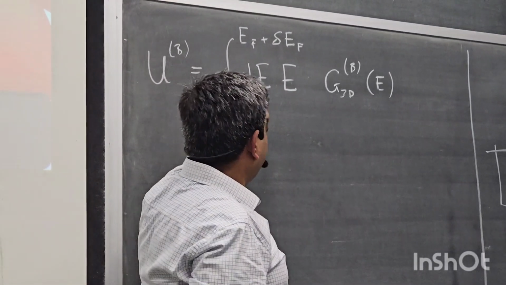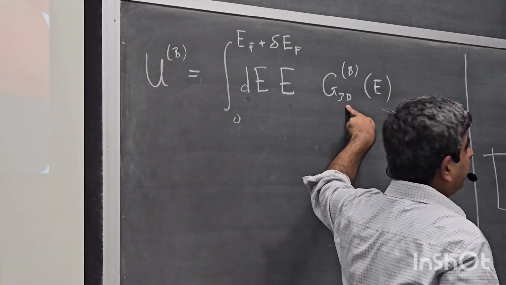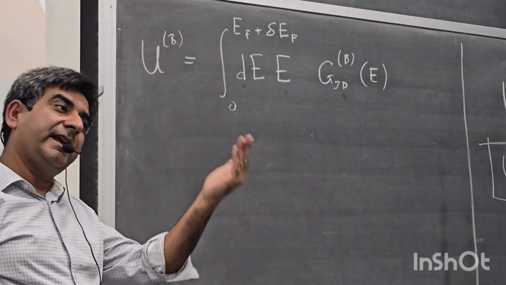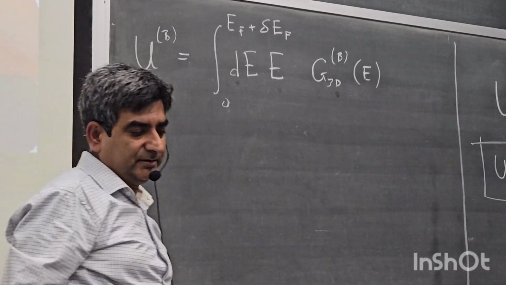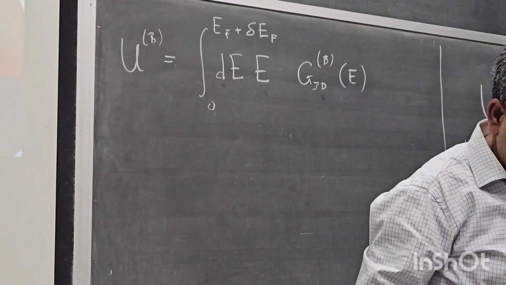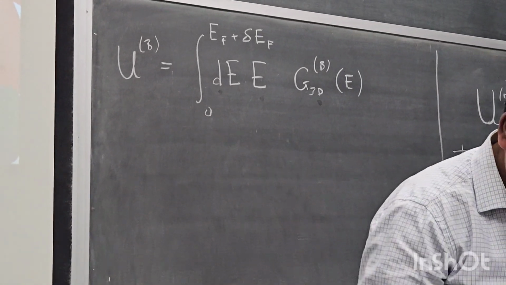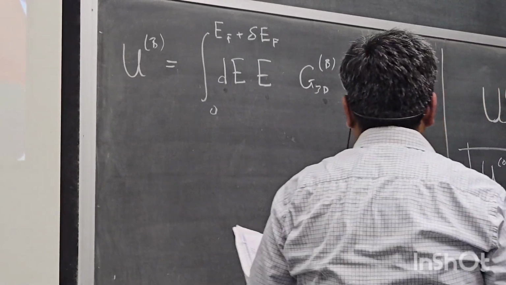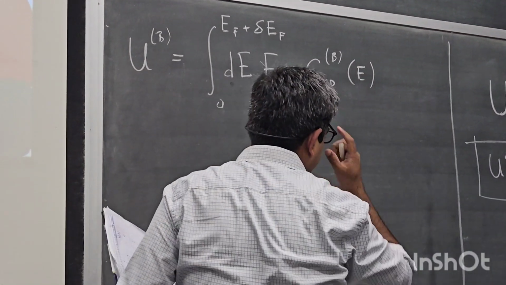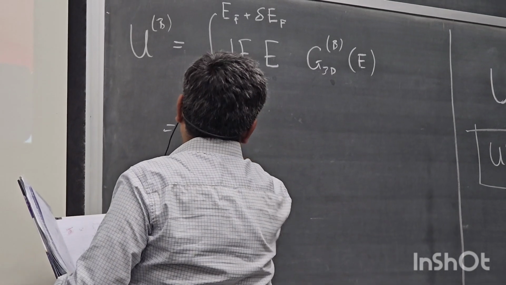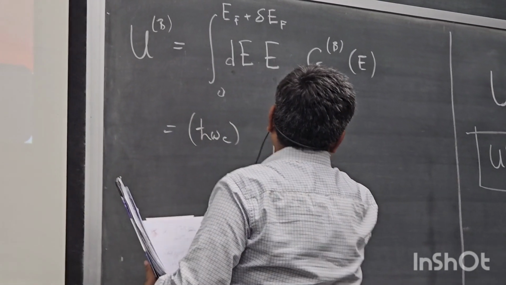We know what dE is, we know what E is, and we already have an expression for the three-dimensional density of states in the presence of a magnetic field. So this dE gives me h bar omega c dx.